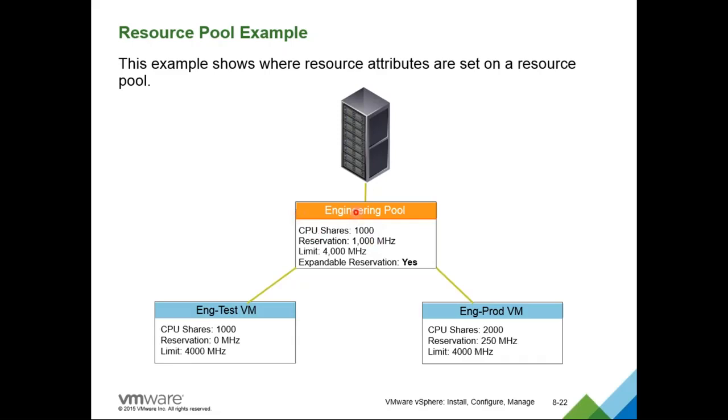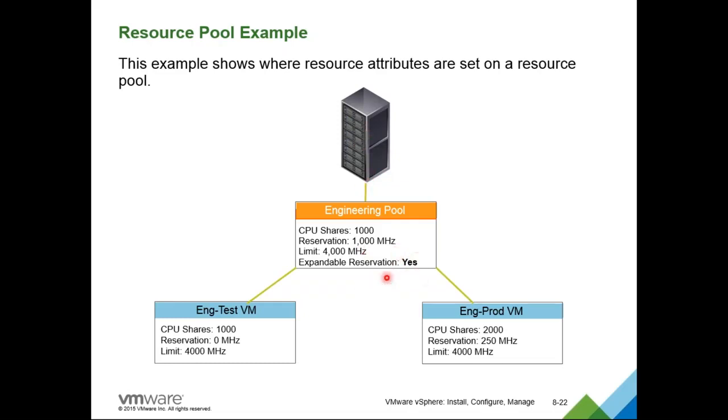Under that I created a department, or I have created a pool called engineering pool. I allocated 1000 CPUs and the reservation is 1000 megahertz, the maximum it can access is 4000 megahertz, and the expandable reservation is yes.